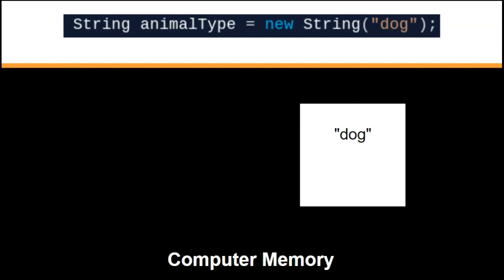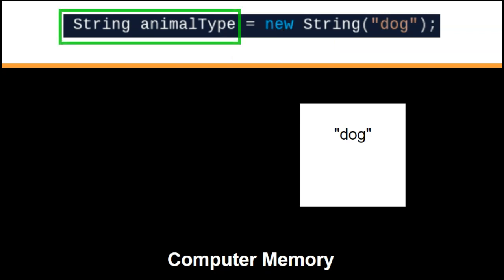Please note the difference between class and object. The class is the type of thing we made. In this case, the class is String. The object is the actual created thing. This is the object in this case. New is the keyword that creates a new object in memory, no matter what class you're dealing with.